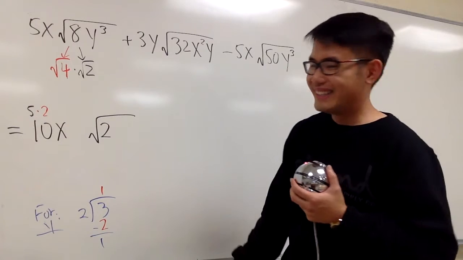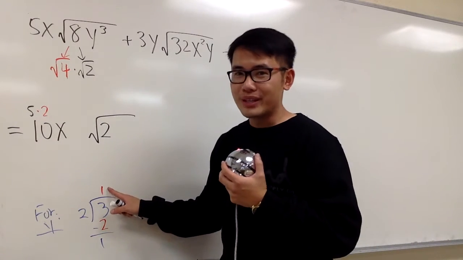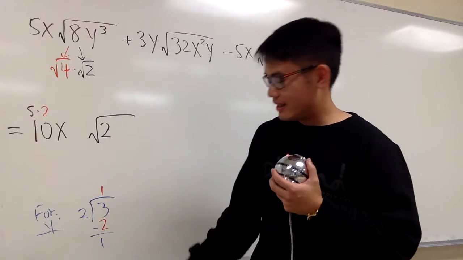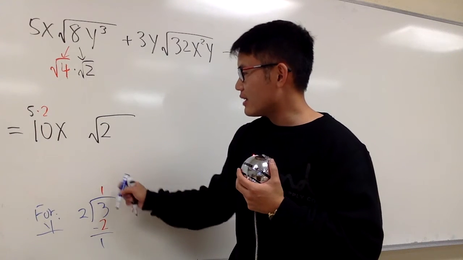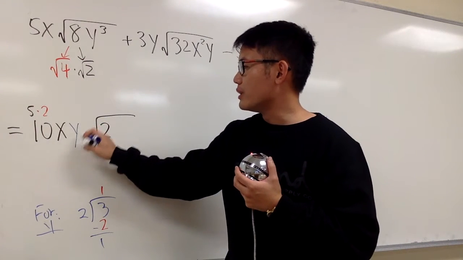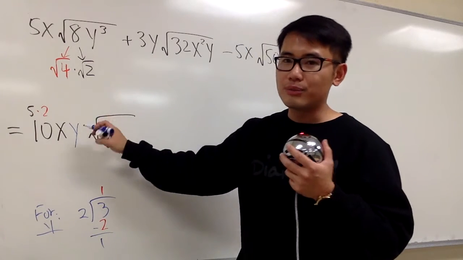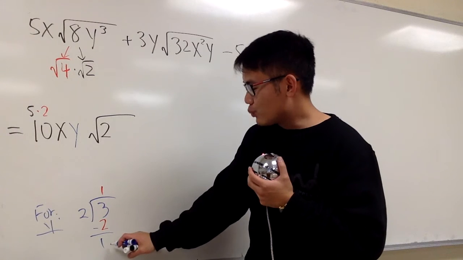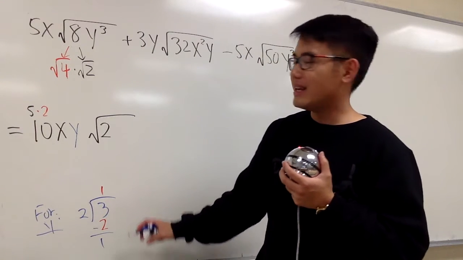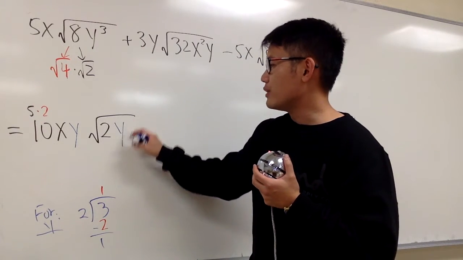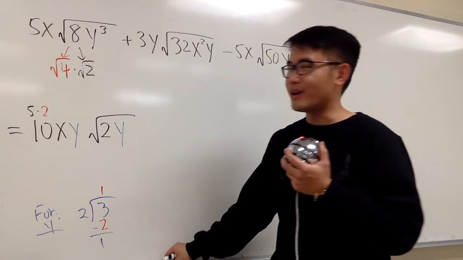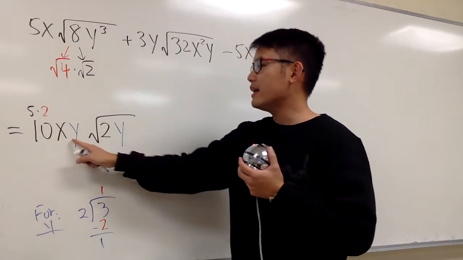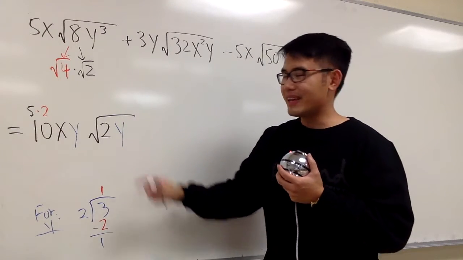This is the easiest way, because this one will tell you how many of the y's that you can take out, one of it. So we can just write this down as y to the first power. You don't have to bother to write down the 1 if you don't want to. And then this one tells you how many y remains inside, which is y to the first as well. So y to the third power in the square root is just y, square root of y, okay?